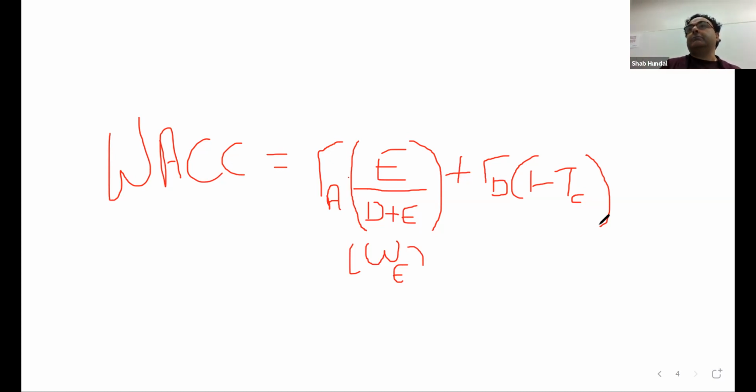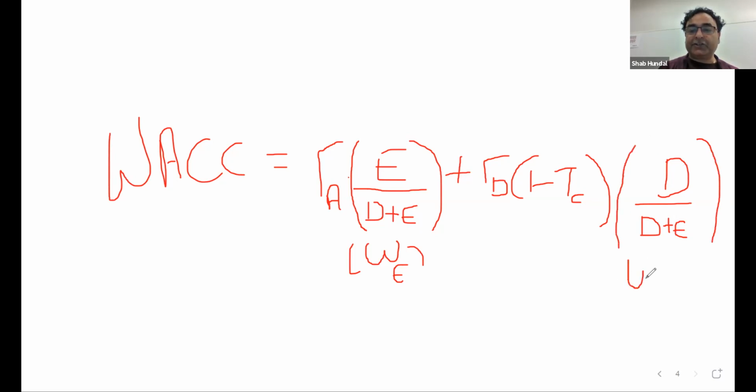So that is like a subsidy in a way, times the amount of debt divided by the value of the firm, D plus E. And like E over D plus E, D over D plus E can be called the weight of debt.